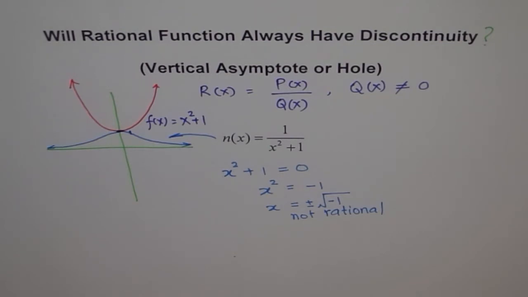And don't make the mistake this time of saying that rational functions are those which can have vertical asymptotes or holes, and the other functions or polynomials cannot. That is a better distinction. Okay? Thank you.